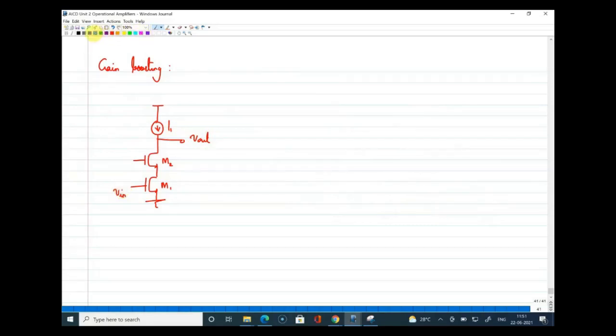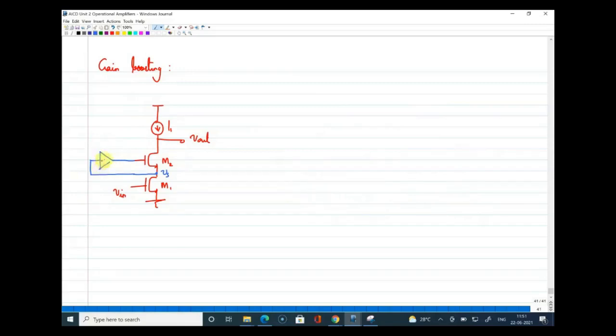Now the gain boosting technique says that I can sense the signal from the source of this transistor M2, from this double cascode amplifier, which is what you are familiar with now. From the source of the M2 transistor of the double cascode, you can sense that signal, and give that signal back to the gate, not directly but by passing it through an amplifier in this fashion, where this amplifier should have some gain.